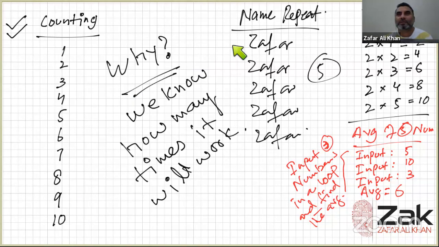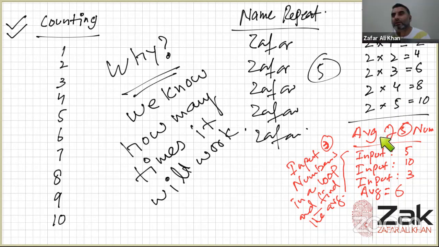Over here, I would like my name to be repeatedly printed on the screen 5 times. As a programmer, as a student, or as a teacher, I would like someone to print the table of a given input, let's say a table of 2 to appear on a screen 5 times.